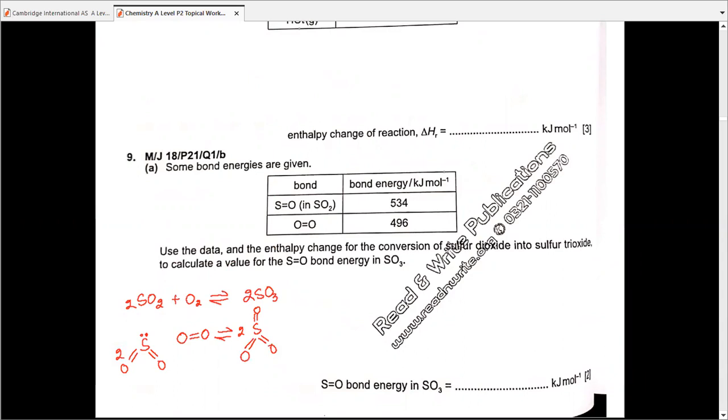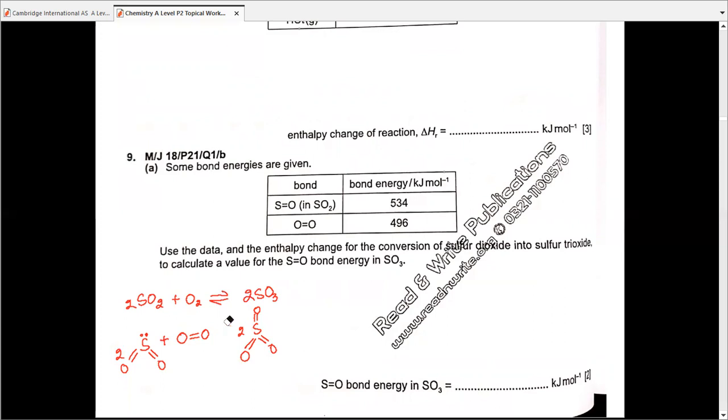Right? So, now, what do you think would be the energy cycle in this whole diagram? Were you able to draw the energy cycle correctly? No, sir, I didn't draw any energy cycle. Okay, let's draw it like this.